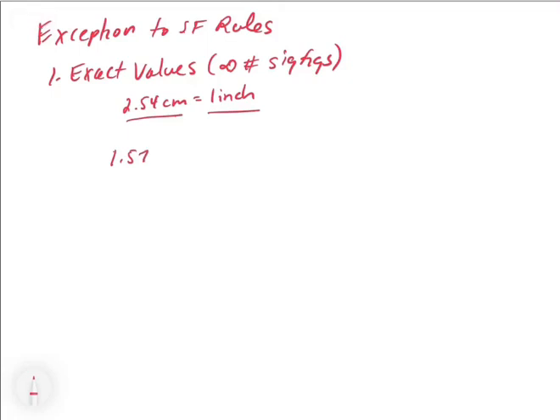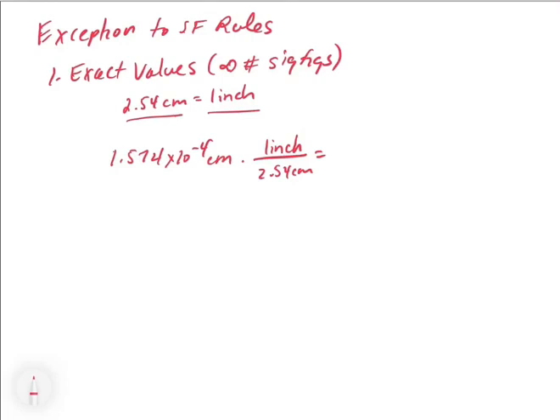Let's say that we have 1.574 times 10 to the minus 4 centimeters. And we wanted to convert this to inches. Well, what I would do is I would take my 2.54 centimeters for every 1 inch.